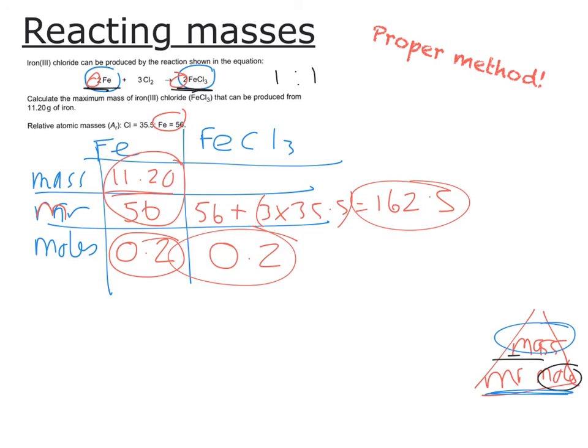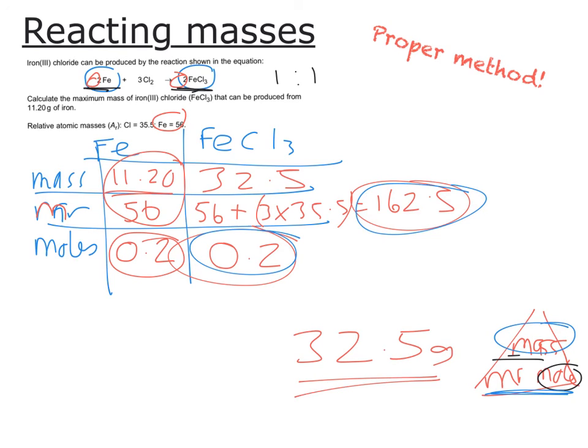And if you put into your calculator the MR, 162.5, multiplied by 0.2, you will come out with your answer of 32.5, which is exactly the same as the previous question. And obviously this does take a little bit longer, and I would make sure that you write the answer, 32.5, in the little box at the bottom to show the examiner how you've worked that out.